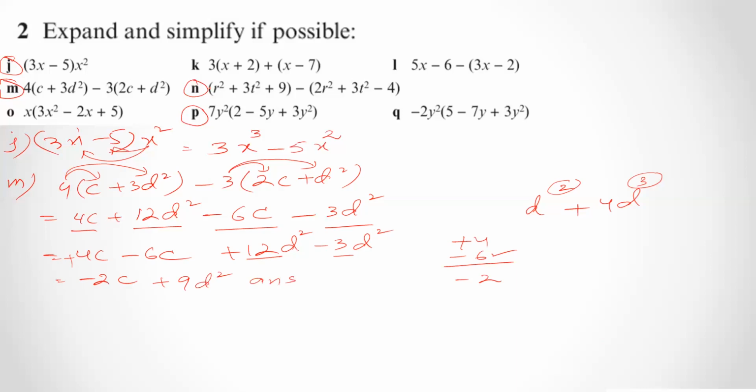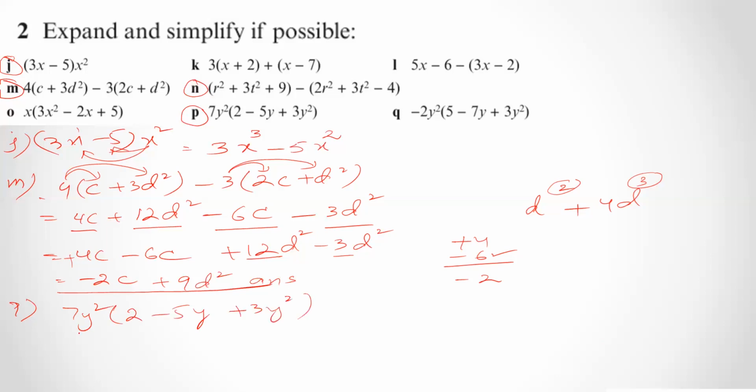If we go for N or P, we do P first. Alright, we do this: 7y square times 2 minus 5y plus 3y square.